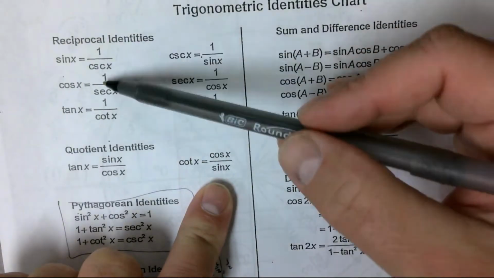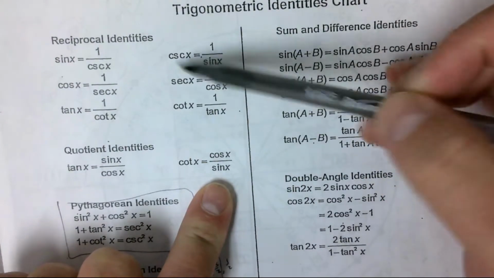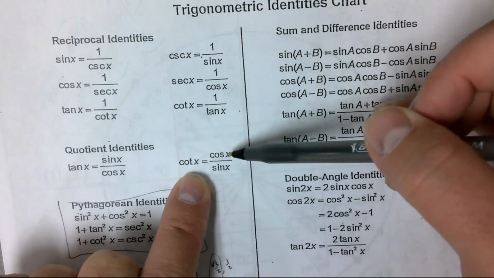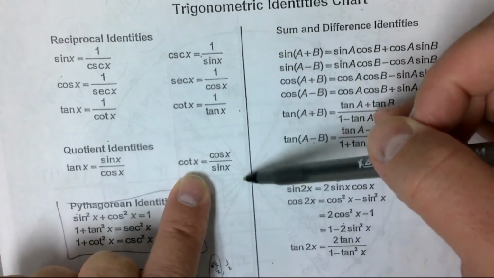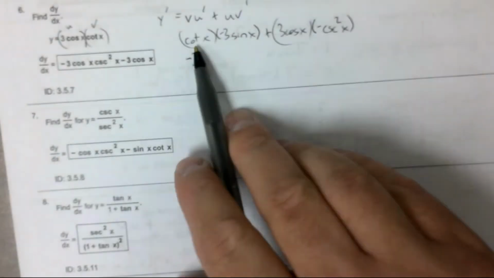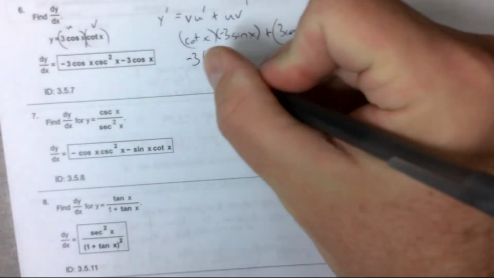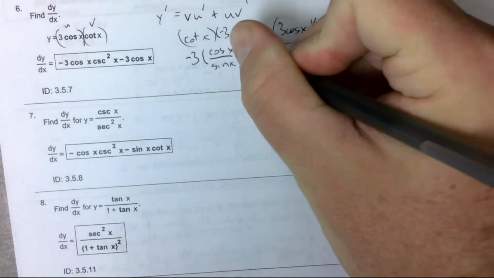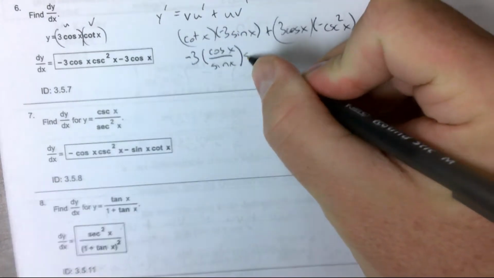The reciprocal ones involve division too, but they're reciprocals, because those are ones. Cotangent can be rewritten as cosine over sine. So you have cotangent, which is really cosine x over sine x, and then we're still going to have our sine x.